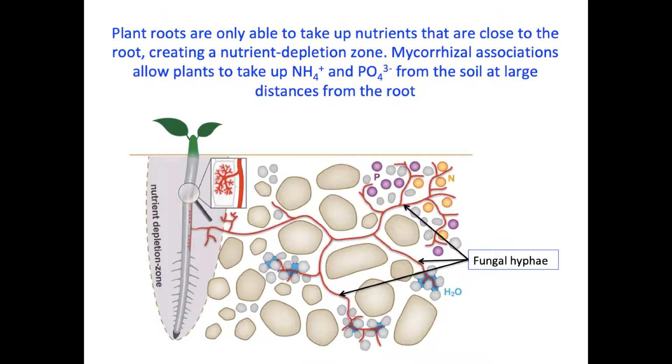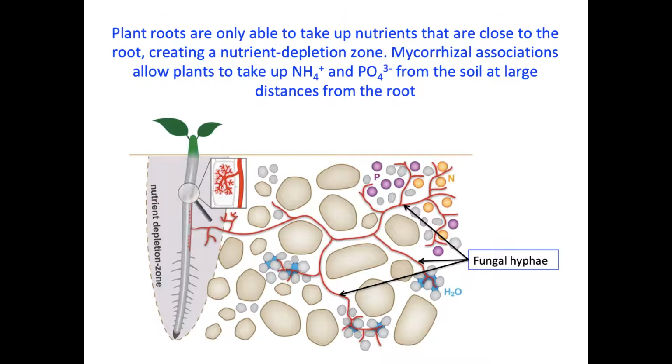The advantage of a mycorrhizal interaction has to do with the fact that most nutrients are far from the root. In the process of taking up nutrients near the root, and those nutrients are primarily things such as sulfate and phosphate and ammonium, a nutrient depletion zone is created. Basically, it's a zone in which there are no more nutrients.